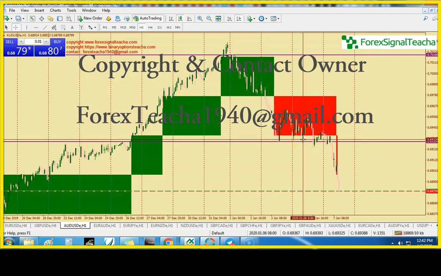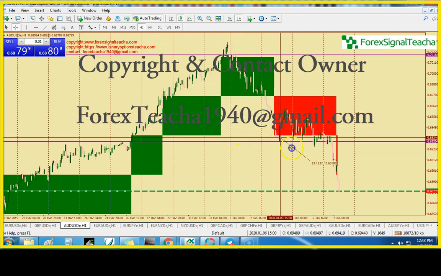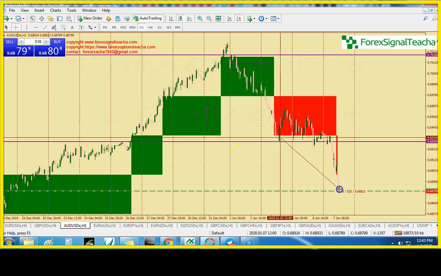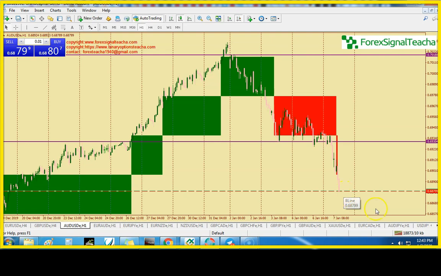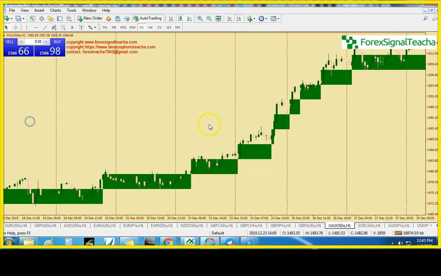So what you need to do is to look at which pairs are correlating with which others in a positive way and which ones are going in the negative way. For this example, I was just showing you that this goes all the way in the positive way. If this is a sell signal here, you can also go to gold.